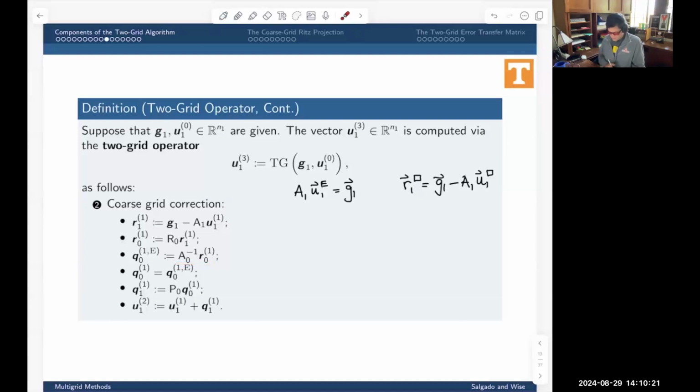Remember the error residual relationship. Let's look at it on 2 different levels. Suppose I'm on level 1. This error residual relationship would satisfy this.